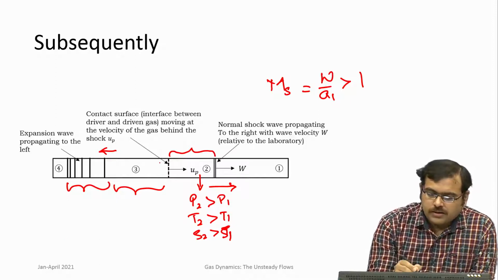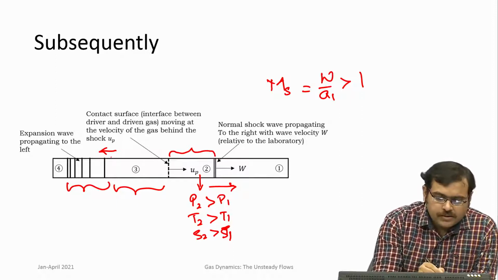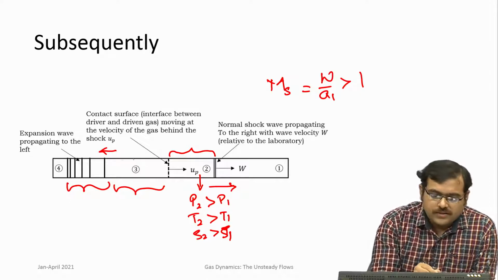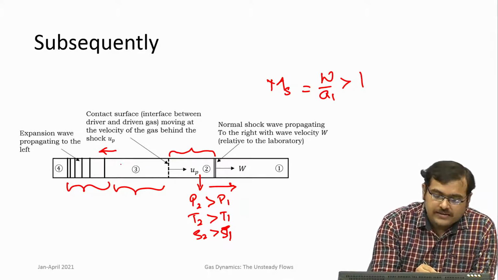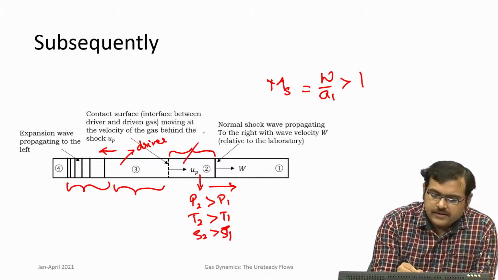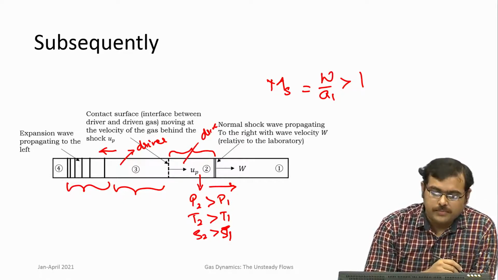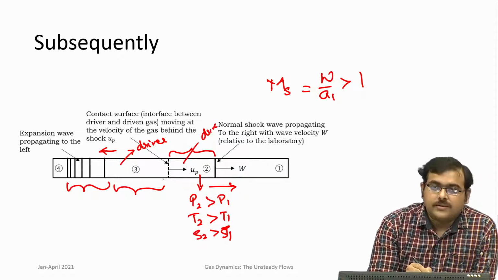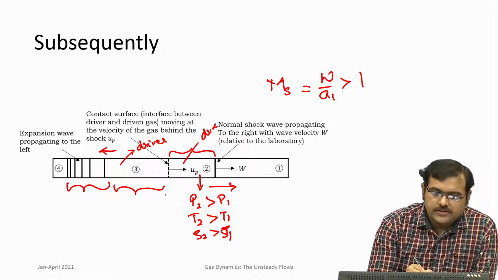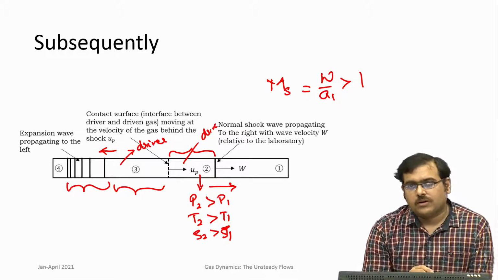So, if you consider the region between the expansion waves and the shock wave, there are two kinds of gas, that is, one is the driver gas, which is coming from the driver, and there is a driven gas which is processed by a shock wave, and there is an interface that separates these two gases, and that interface is known as the contact surface or contact discontinuity.